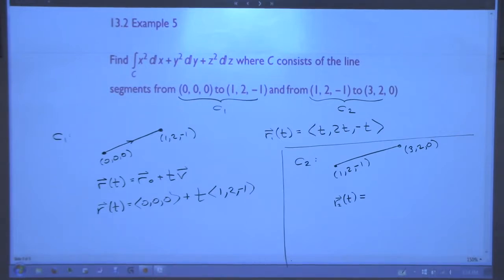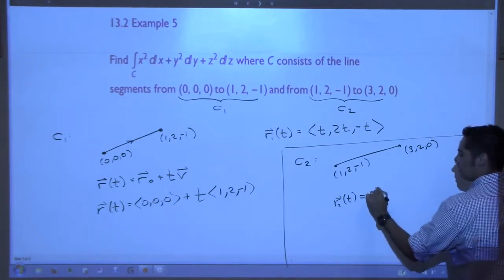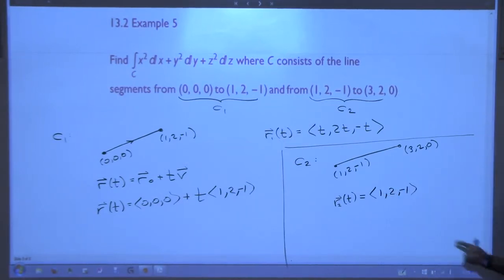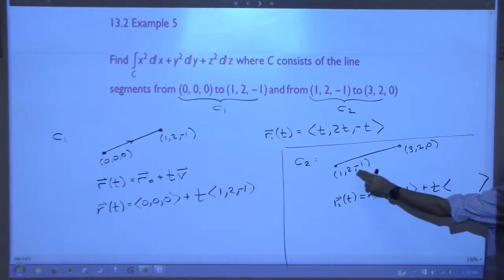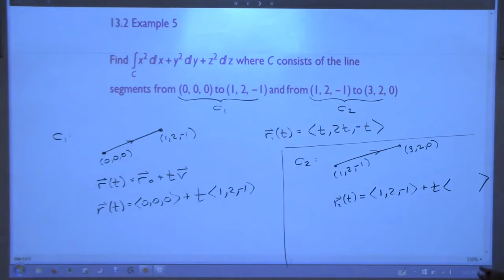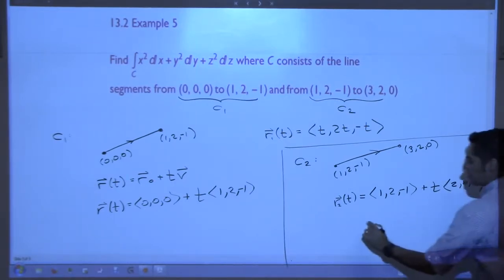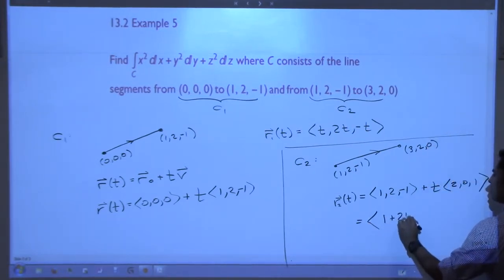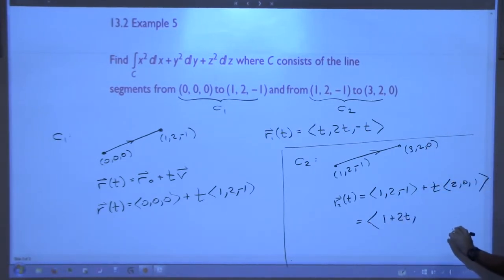R naught, 1, 2, negative 1, that point written as a vector, plus t times the direction vector, which is the vector connecting from here to here, so 2, 0, 1. And then when you put this all together, you get 1 plus 2t, 2, negative 1 plus t.